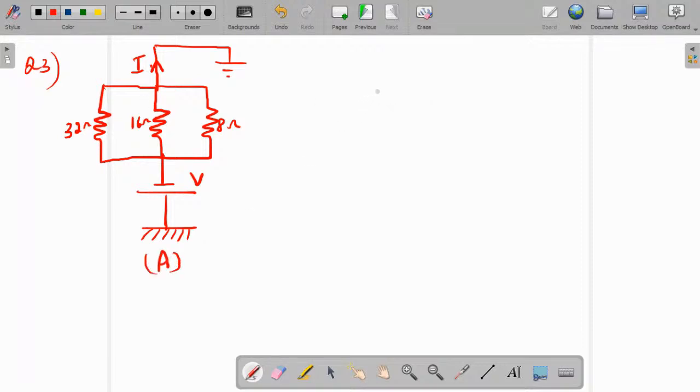So consider one more network, with R naught. Again 3 resistors in parallel.